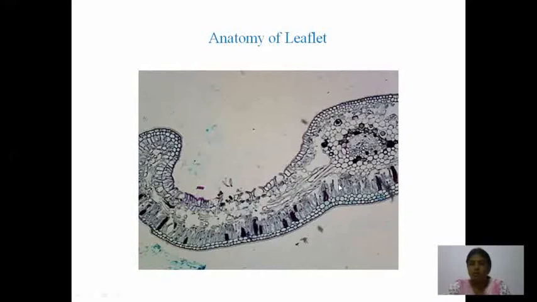In these columnar cells, chloroplasts are present. Some round shaped cells are visible. These are spongy parenchyma. Chloroplasts are also present in the spongy parenchyma.